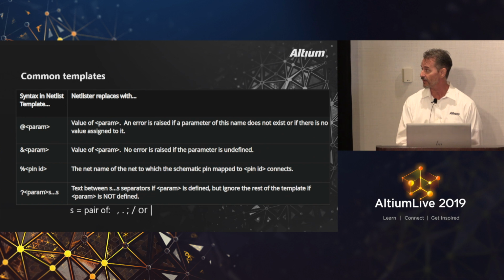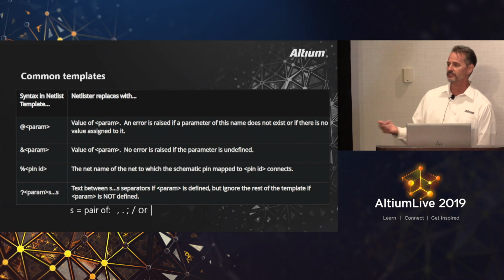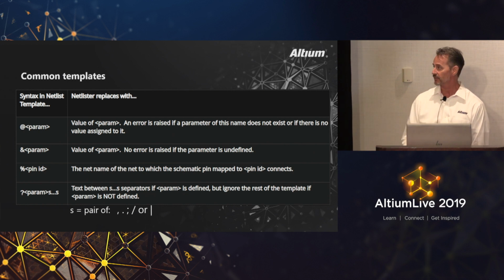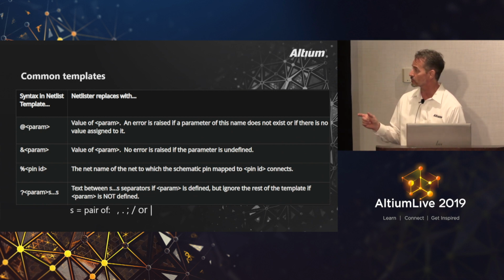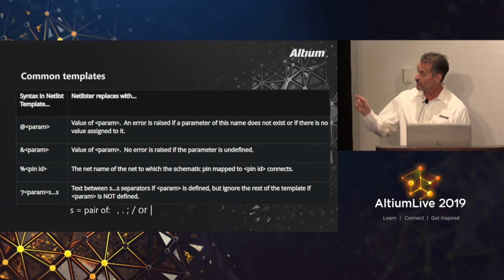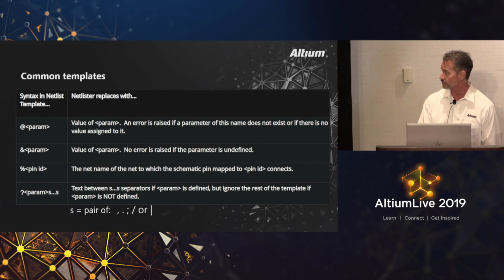If you don't have it defined, it'll come back with an error, versus the ampersand, which is an optional value. If it's defined, it'll use it. If not, it doesn't care. Of course, % is the pin ID, and then you can have an if-then check. You have the question mark on a parameter: does that parameter exist? If it does, it'll do whatever's within the pair, down here on the bottom.